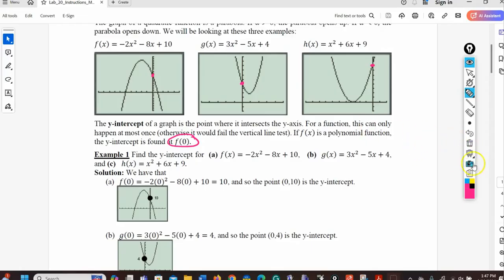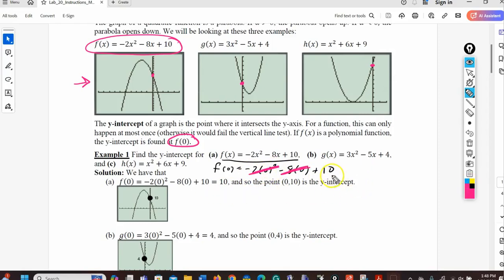So let's look at this graph here, and this is the formula. So where is the y-intercept? Well, you take the formula and you plug in f of 0. So here's our formula for f, and if I find f of 0, then 8 times 0 is 0, 0 squared is 0, so times negative 2 is 0, and I get 10.